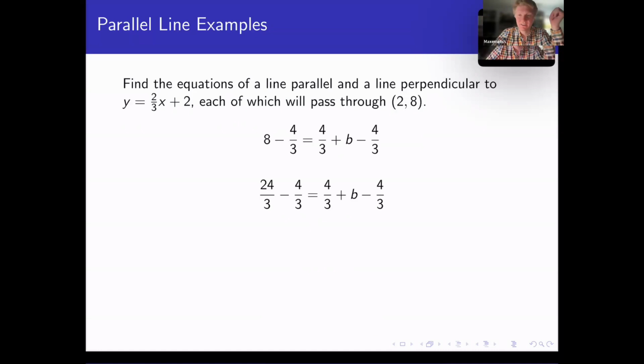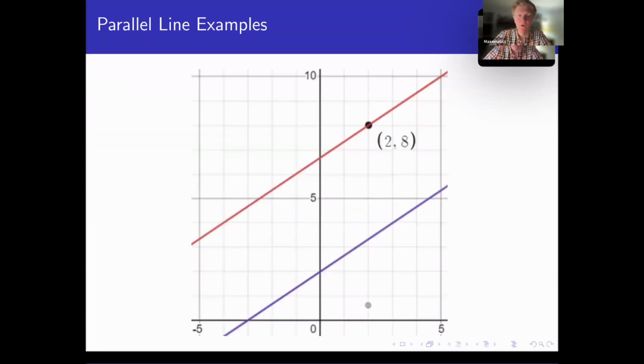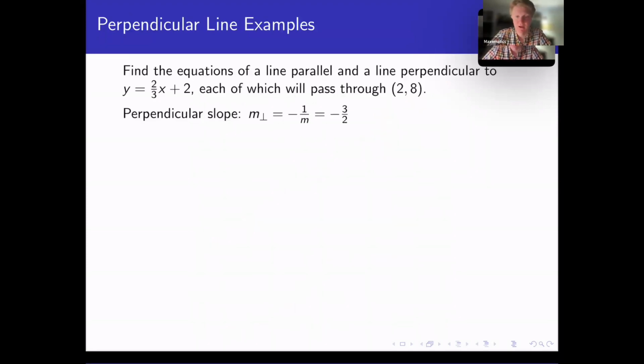We get, fraction subtraction, so b is 20/3. So y equals mx plus b, m is 2/3, b is 20/3. So the line that is parallel to y equals 2/3 x plus 2 that passes through (2, 8) is this line right here. And there you go. They literally run parallel to each other, and they will never meet. That's the whole point of being parallel.